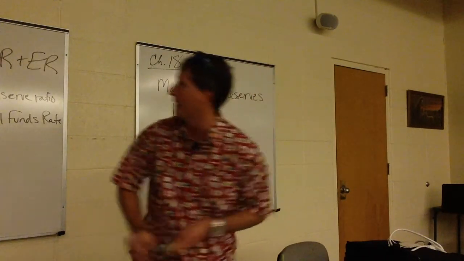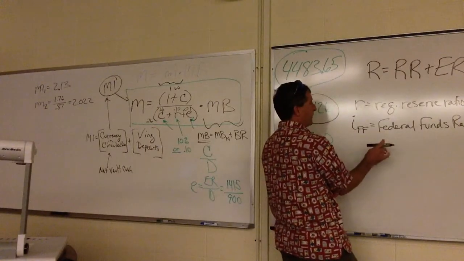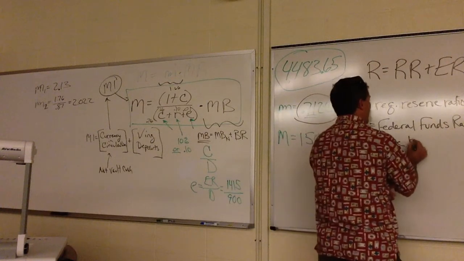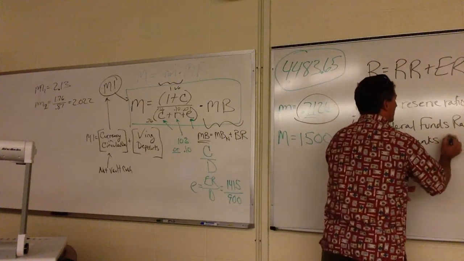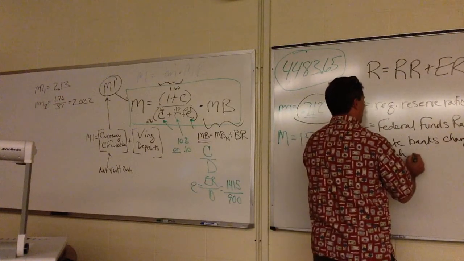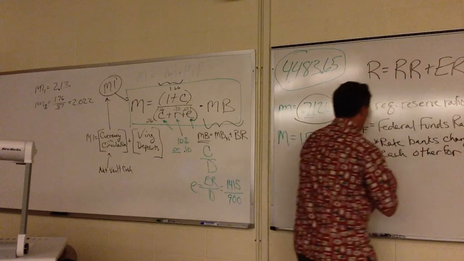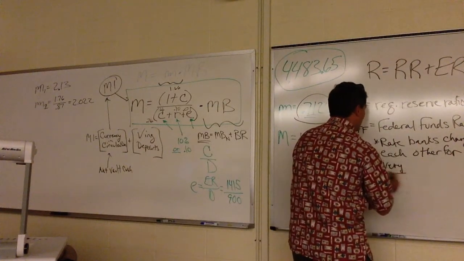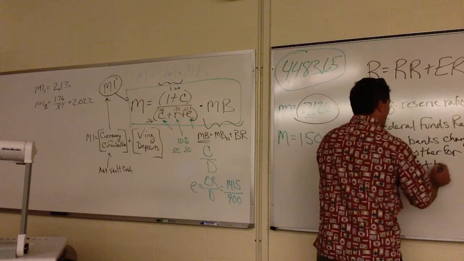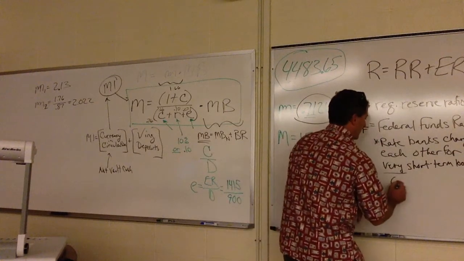So we're making that distinction now, and we'll see how that plays into things. The federal funds rate is the rate banks charge each other for very short-term loans, usually overnight.